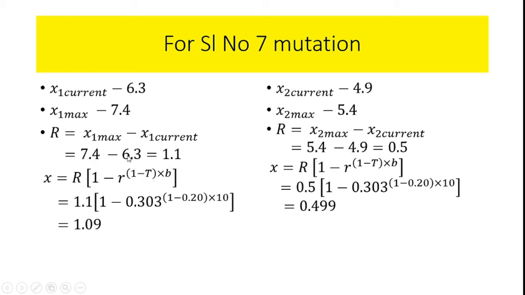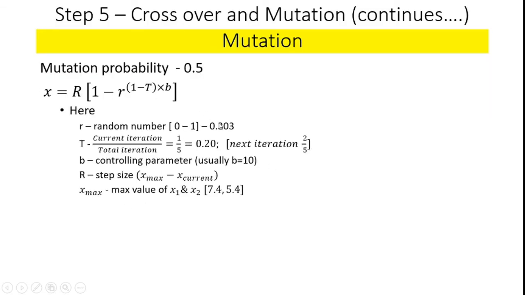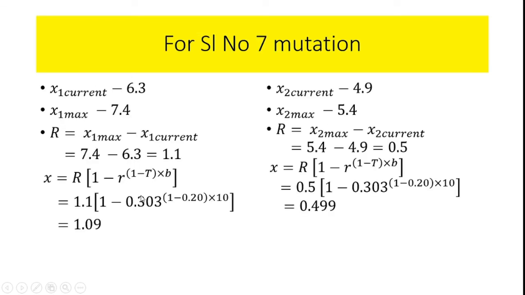I substitute the other values. Delta x is equal to capital R, which I found now as 1.1, times open bracket 1 minus the random number. In the previous slide, I told you about my random number, initially generated with the aid of a calculator. I got 0.303, so I substitute the same value here. After that, exponential of 1 minus t, into b.